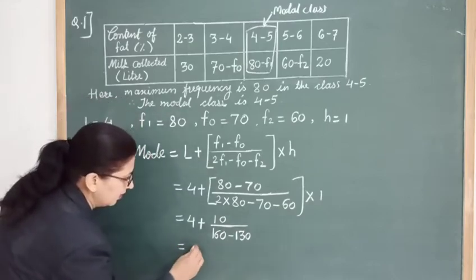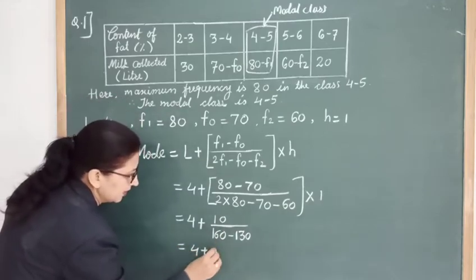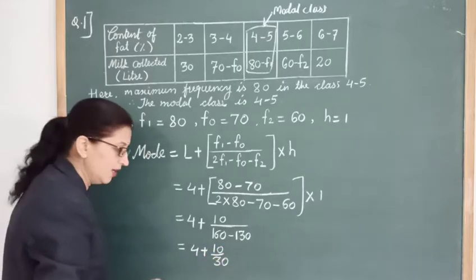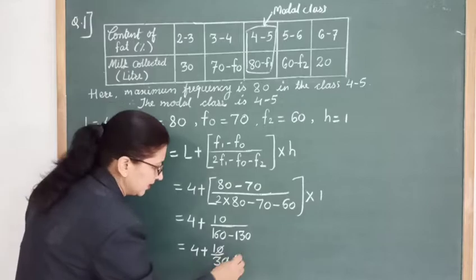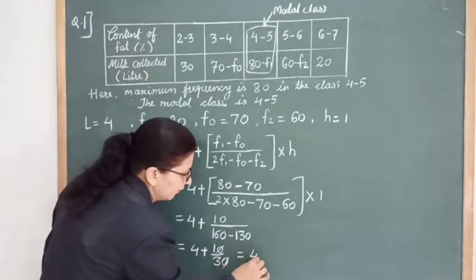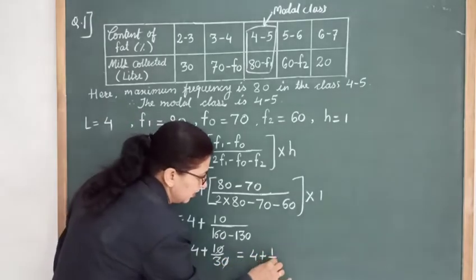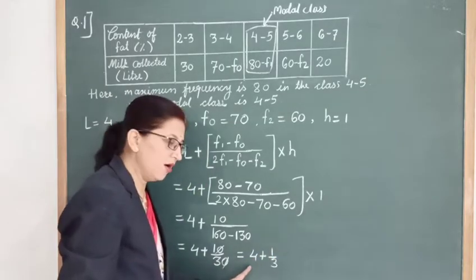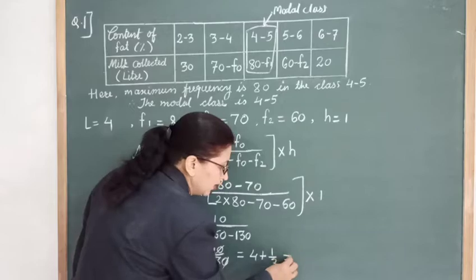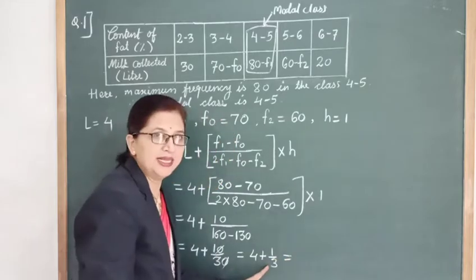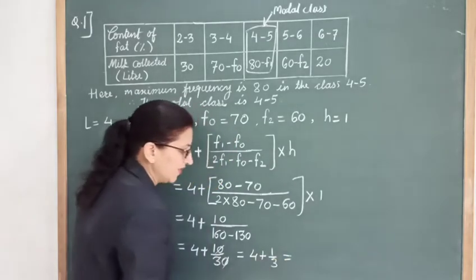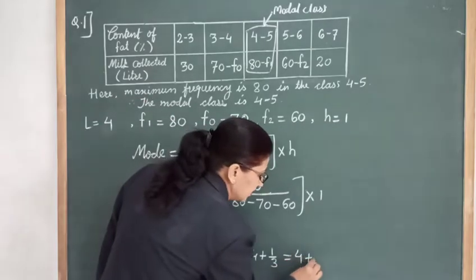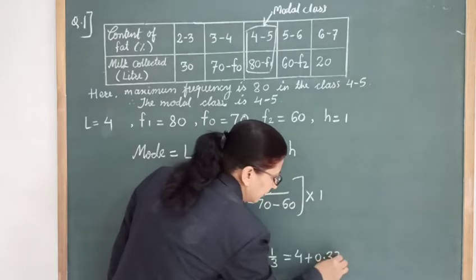Now here 4 plus 10 upon 30. This 0 will cancel, so we will get 4 plus 1 upon 3. Now you may take the LCM, or it's better to convert this fraction into a decimal. As we convert 1 upon 3 into a decimal, we will get 0.33.